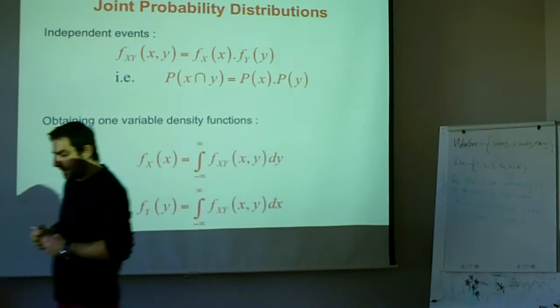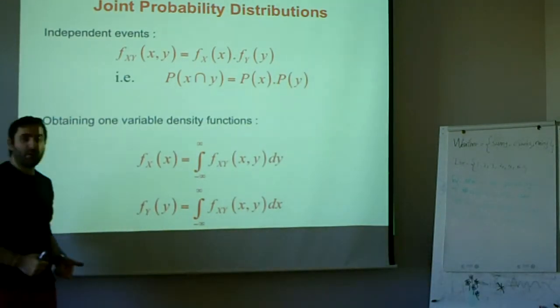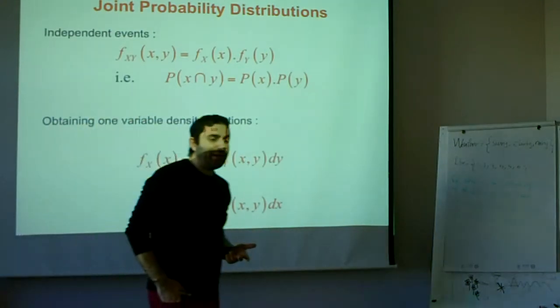What is the probability of rolling a die, getting a prime number, when the weather is raining?